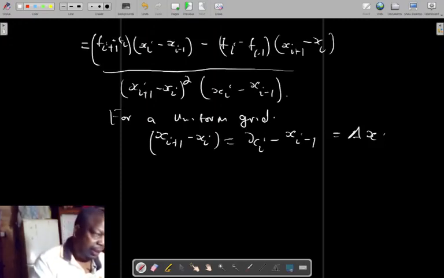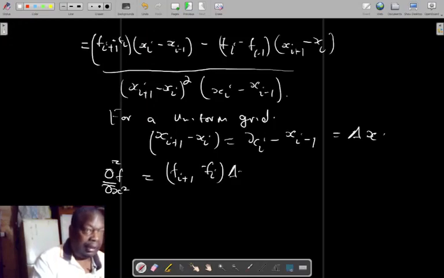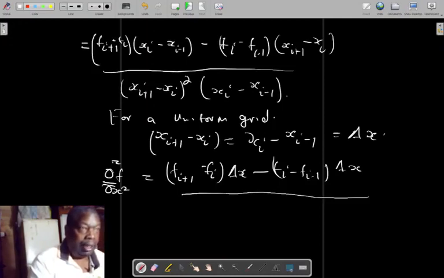So we have our d2f by dx squared being equal to (f_{i+1} - f_i) delta x minus (f_i - f_{i-1}) delta x, divided by delta x squared times delta x.